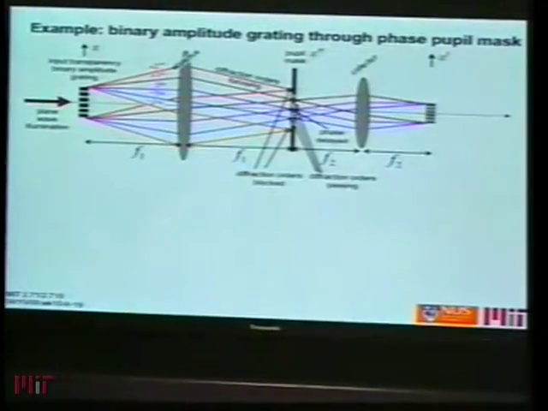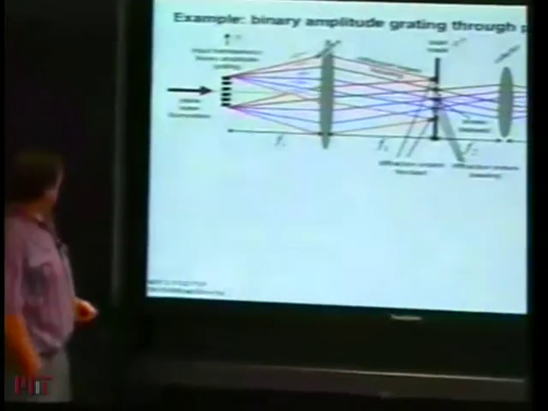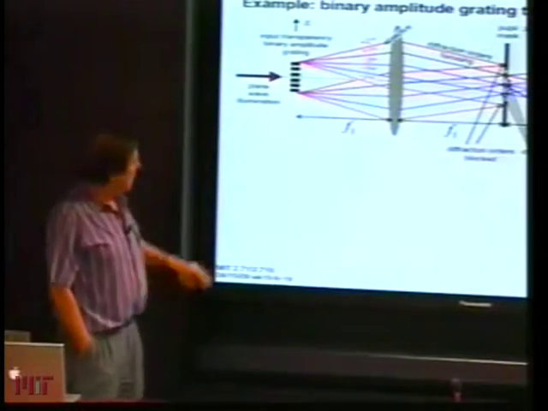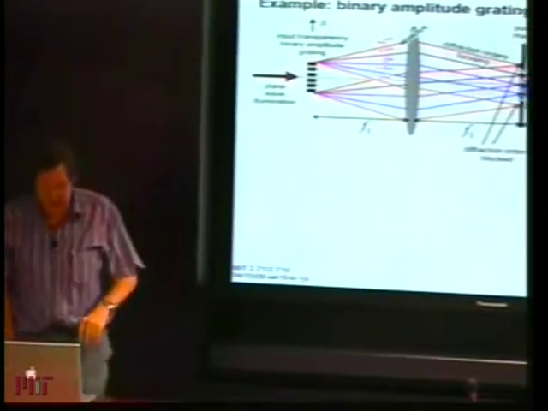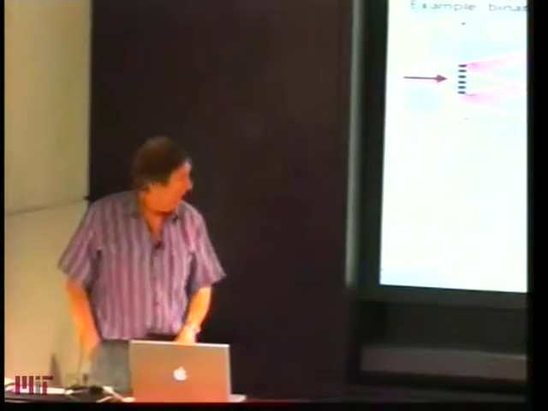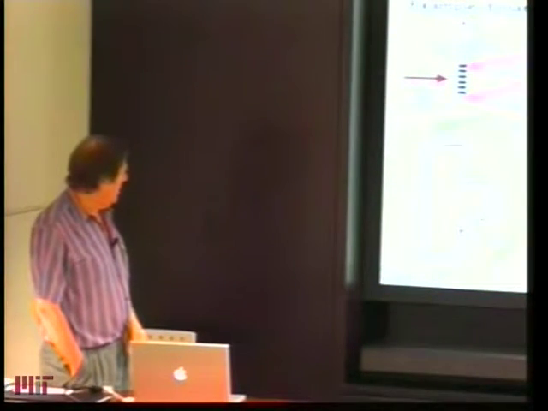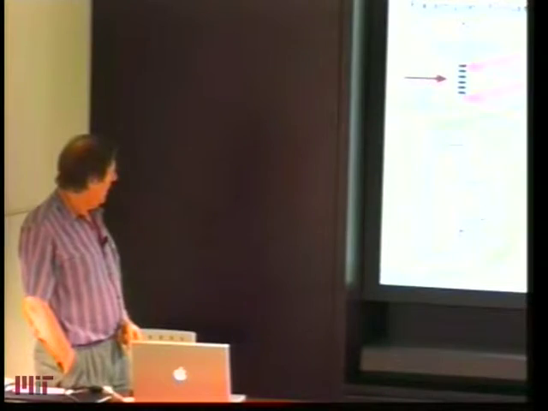So the question is, what's that going to do to your image? The rest of the system is completely the same. So this is what we're considering putting in there.